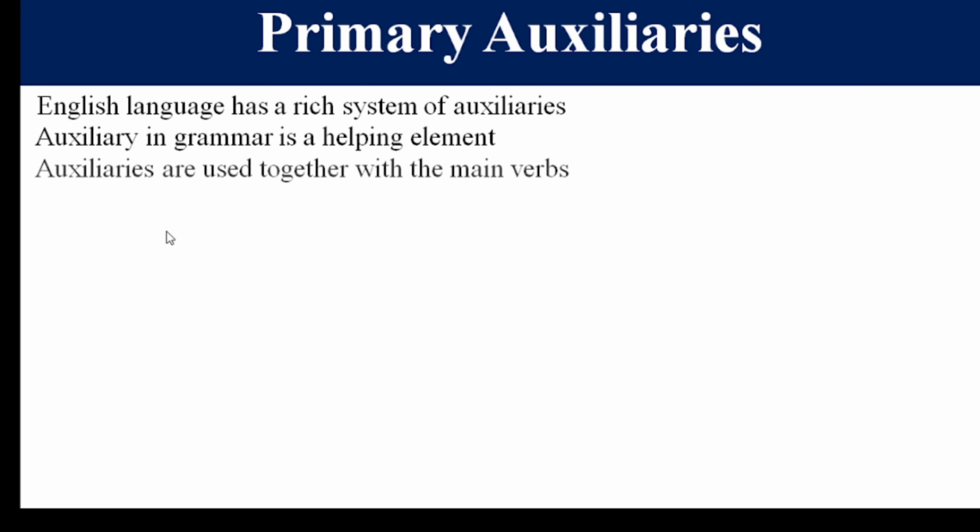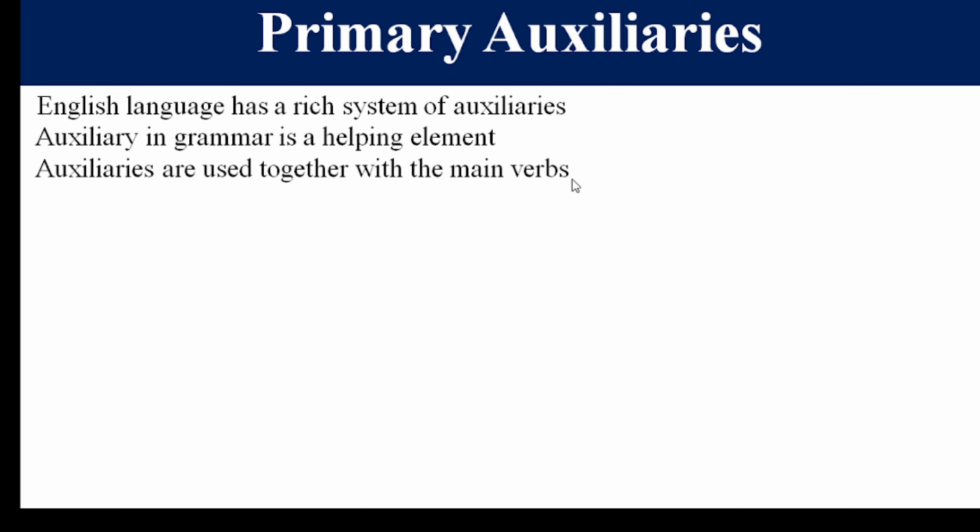Auxiliaries are used together with the main verbs. Based on the need and the situation, we use auxiliaries or helping verbs together with main verbs. We understood in the beginning that verbs are divided into main verbs and helping verbs, the auxiliary verbs.